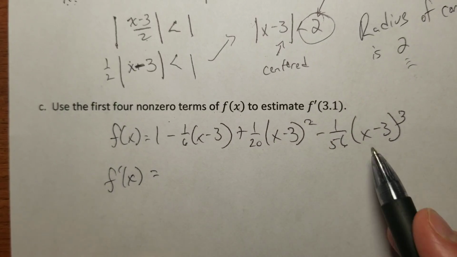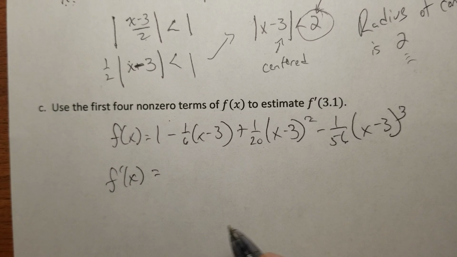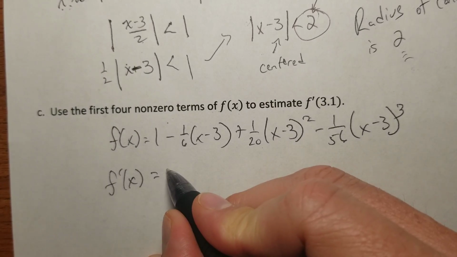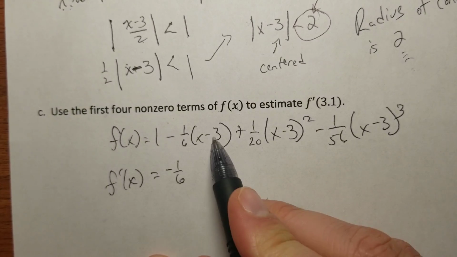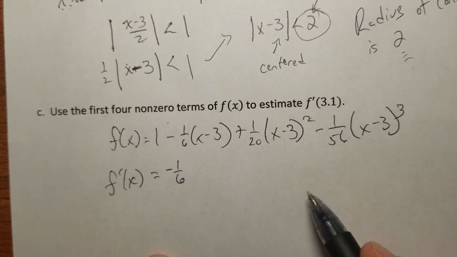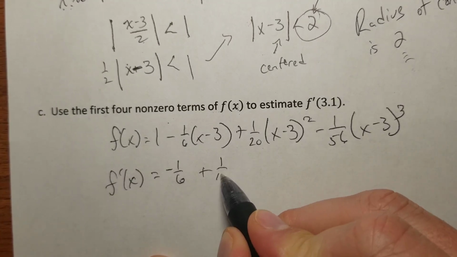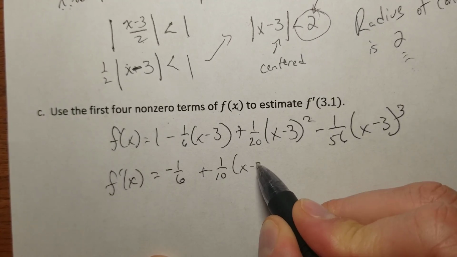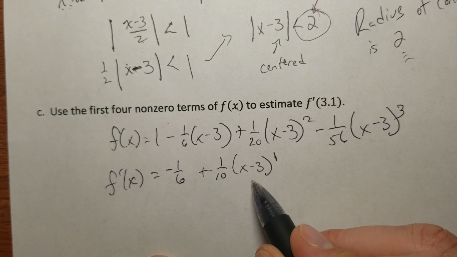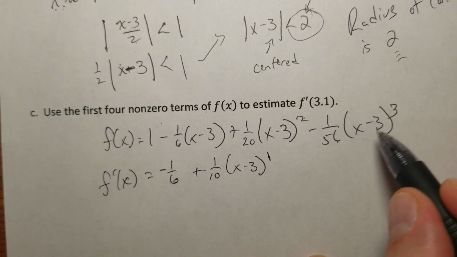We don't end up with the first 4 non-zero terms anymore because the derivative of 1 is 0. But we get, what do we get here? Negative 1/6. Yeah, negative 1/6 here, sorry. Plus 2 times 1/20 is 1/10, x minus 3 to the first. And our chain rule is 1. So I could write times 1, but I'm not going to.